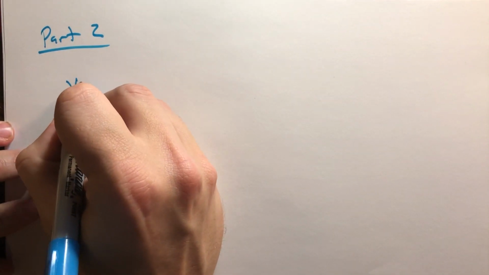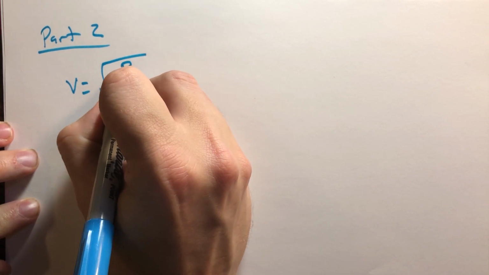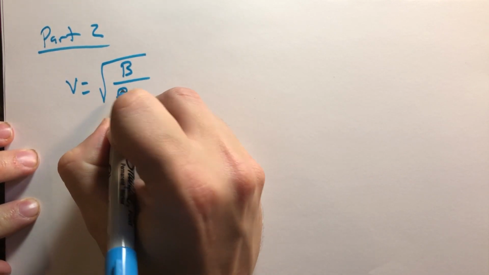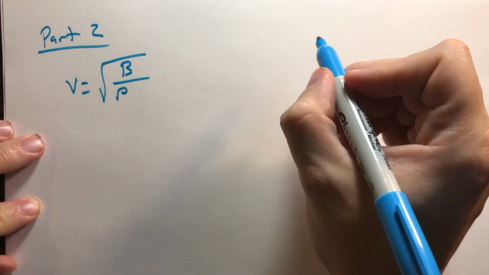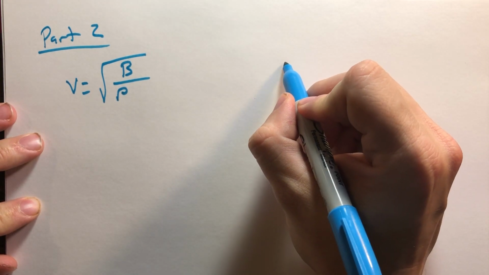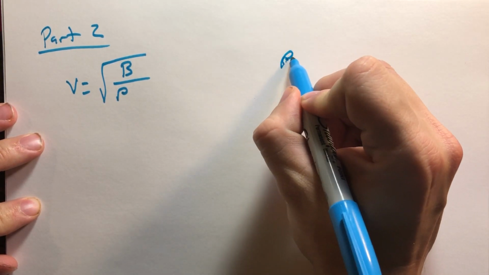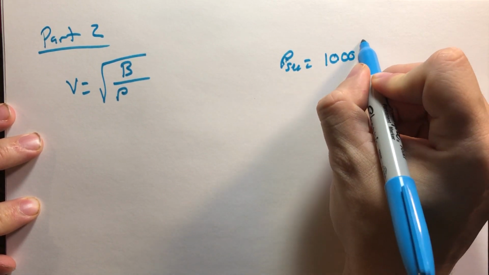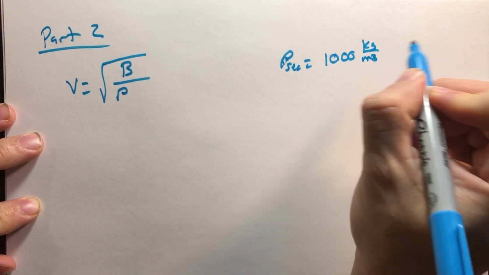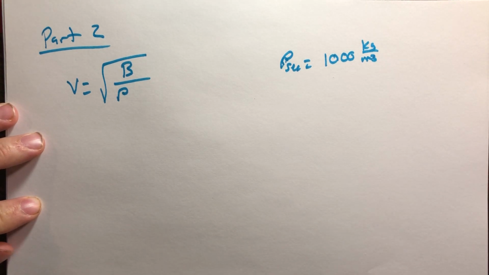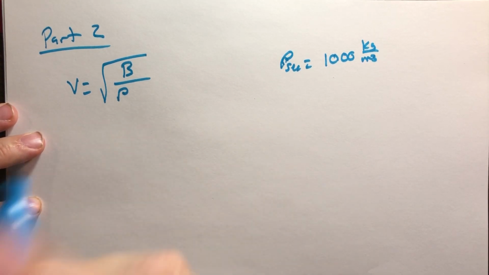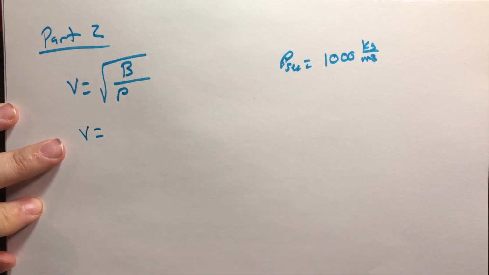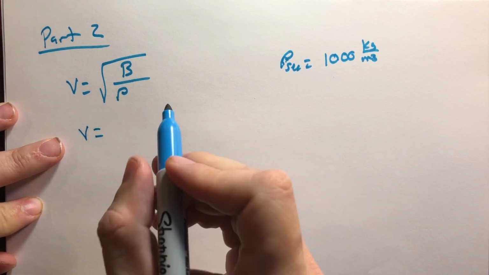So again, our equation is v equals the square root of B over rho. Seawater, which I don't give you, you had to look up, has a density, rho, of 1,000 kilograms per meter cubed. A little heavier than regular water because of the salt content. It gave us the bulk modulus of seawater to be 2,100 megapascals.